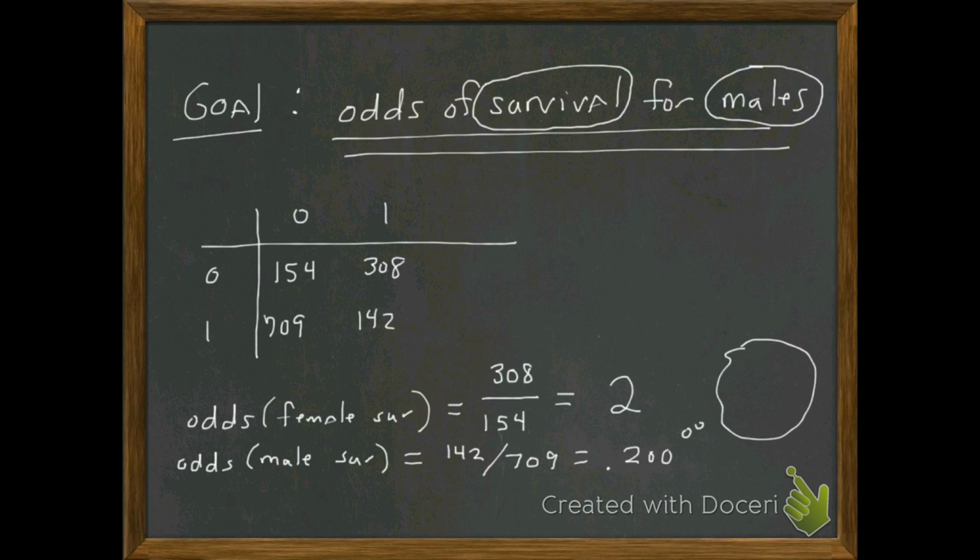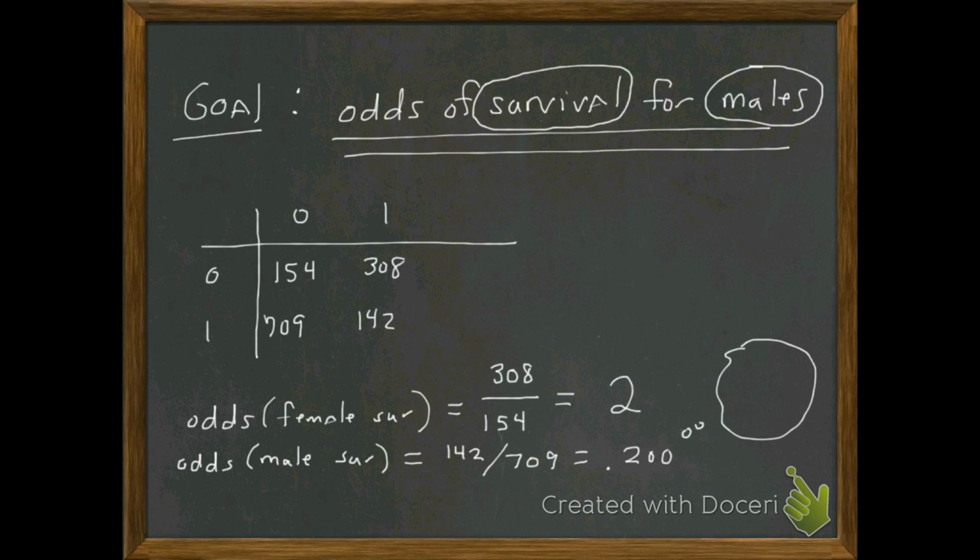But guys, we have to be consistent because of the way I set the goal for this problem, that we're focusing on survival. And again, let me make this clear. Odds, at least for me, maybe I'm just simple-minded, are easier to interpret when I get a value above 1.